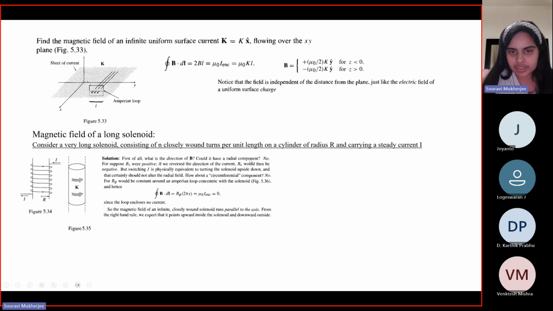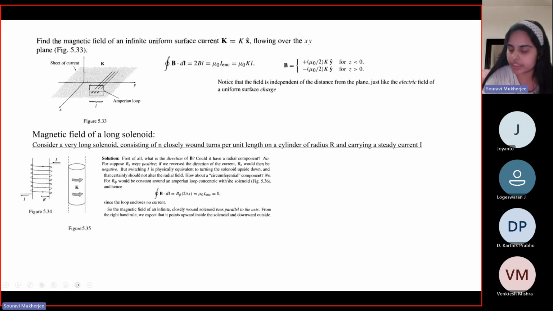The justification is this: if you had a radial component, then if you reverse the current direction, your field direction should reverse. But reversing the current direction is nothing but turning the solenoid upside down, and turning the solenoid upside down should not change the field. So you should not have a radial component.